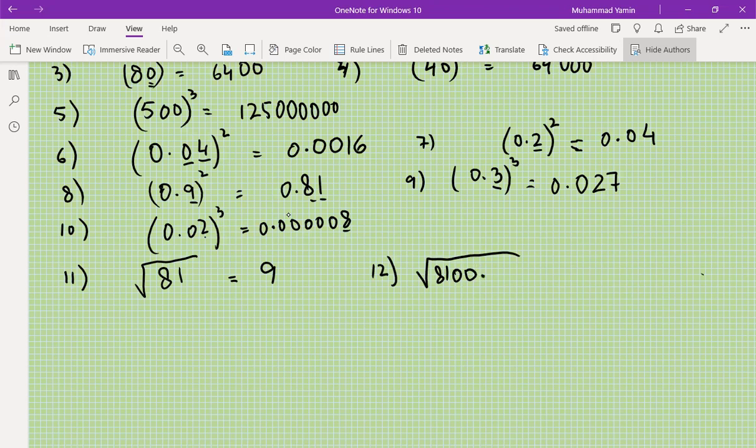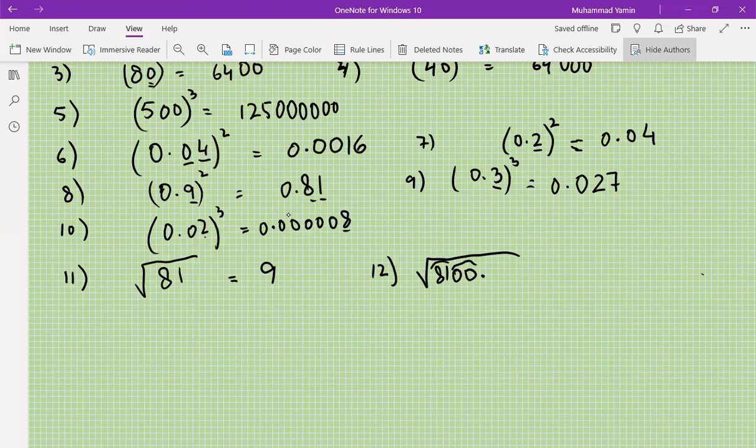What we do in the square root or the cube roots: in the square root, we make pairs from the decimal. And in the cube root, we make a group of 3. Now just see how. From this decimal, we make a pair, 00, and then we make a pair, this goes.